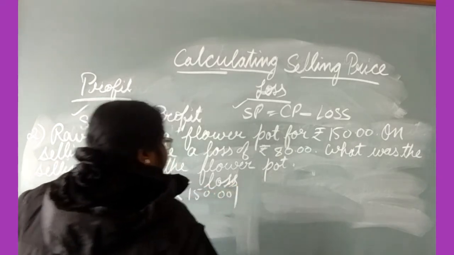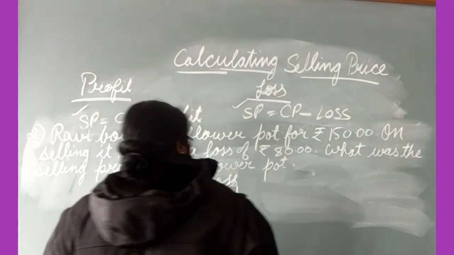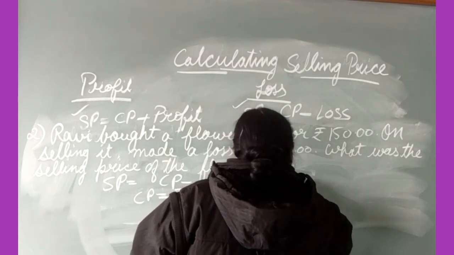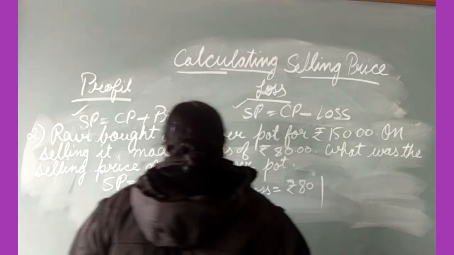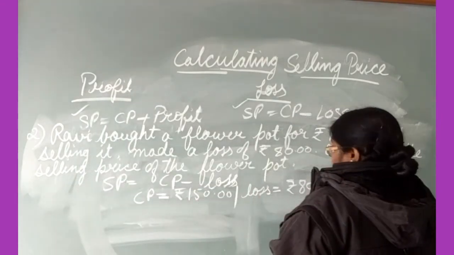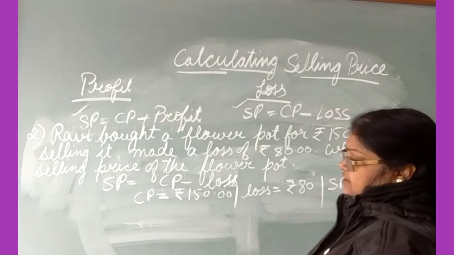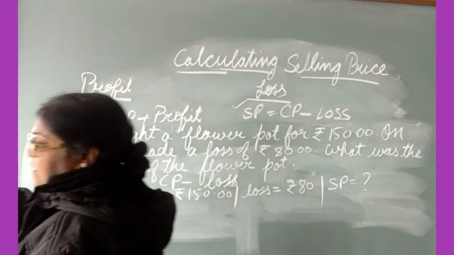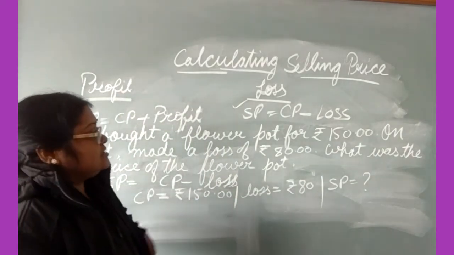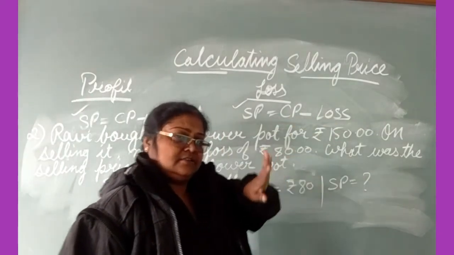Okay. Next, how much loss has he made? Loss equal to rupees 80. Then what do you have to take out? The selling price, which is not given here. For taking out the selling price when loss is there, you will use cost price minus loss.